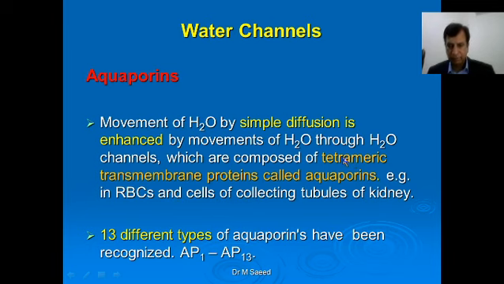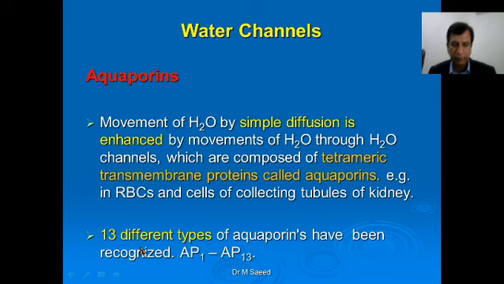So wherever excessive use of aquaporins or water channels is required, definitely different types of aquaporins will be there. There are at least 13 different types of aquaporins which have been identified up till now. We abbreviate those as capital AP1 to capital AP13.